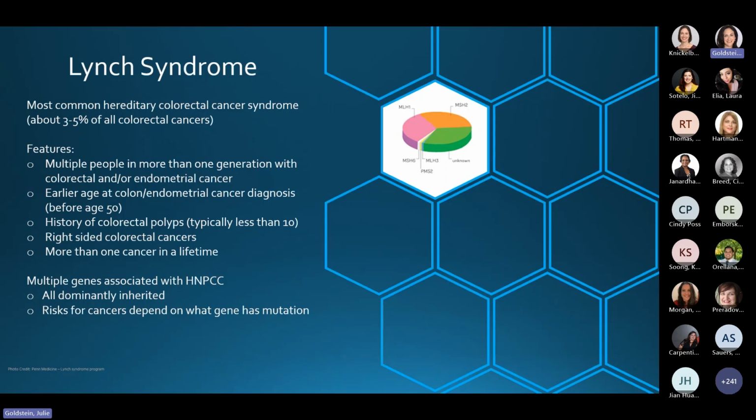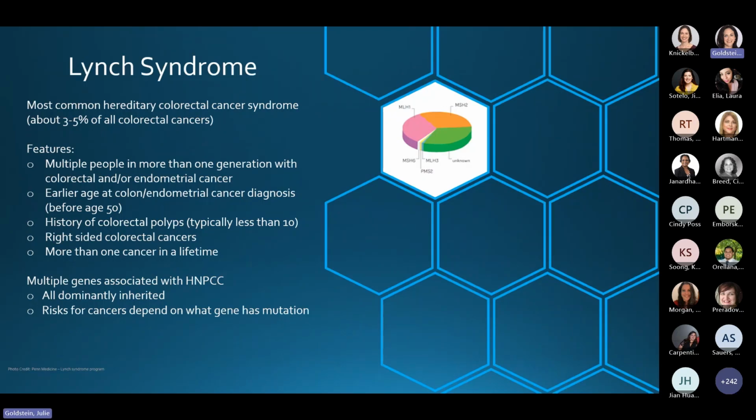Most of the time, cancers unrelated to Lynch syndrome develop on the left side. Most of the time, cancers related to Lynch syndrome develop on the right side. Now, I definitely have seen families with Lynch syndrome with colon cancer on the left side, but one of the well-known features of Lynch syndrome would be a right-sided colon cancer.